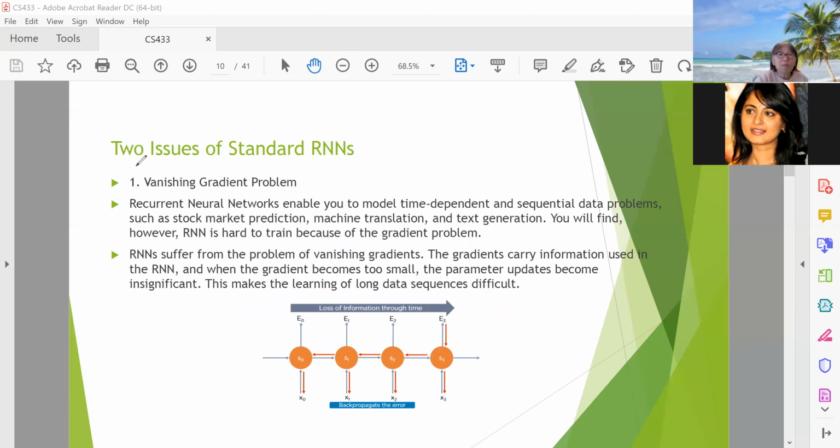Now the standard RNN looks kind of like this.